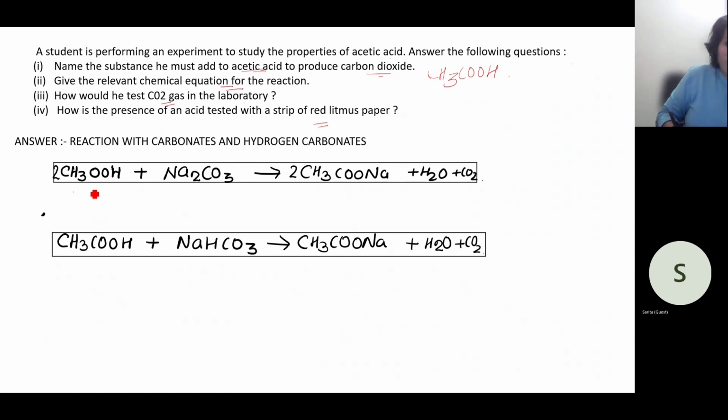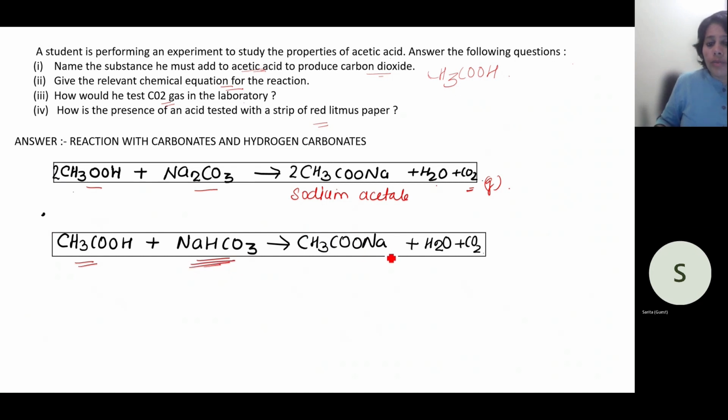So first is acetic acid reacts with sodium carbonate. We will get sodium salt of carboxylic acid. So this is sodium acetate plus water plus carbon dioxide gas is released. Next, acetic acid reacts with sodium hydrogen carbonate.